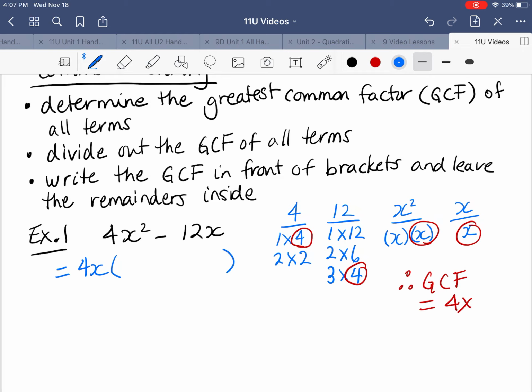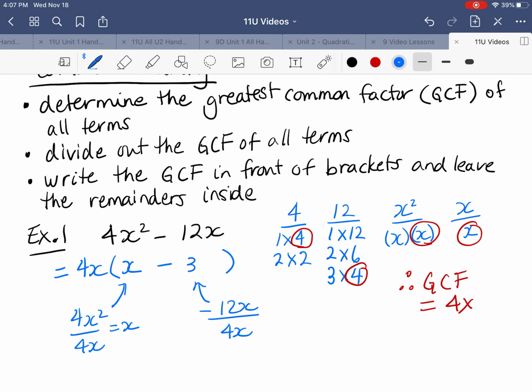Now in the brackets, we put the remainders, because what we're doing is dividing 4x squared by 4x. And that leaves us with x. So that's our remainder, and we put that in the brackets. And then we are dividing negative 12x by 4x. And that is going to leave us with negative 3x.